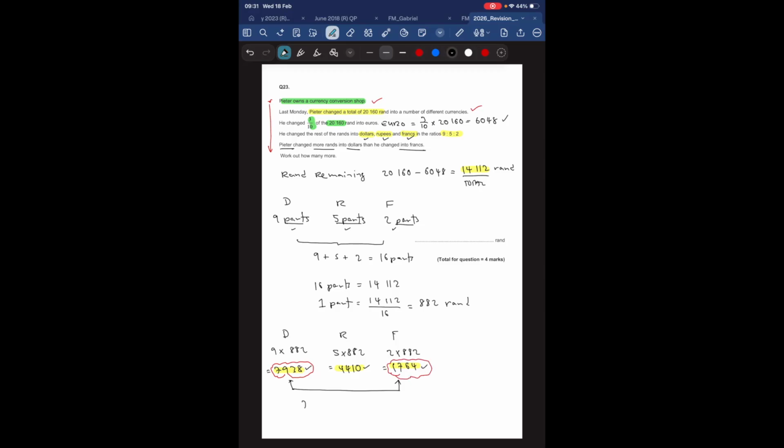So 7,938, take away 1,764. And if we do that calculation, we're going to get 6,174 Rand. That's the difference between the Rand converted to dollars and francs.